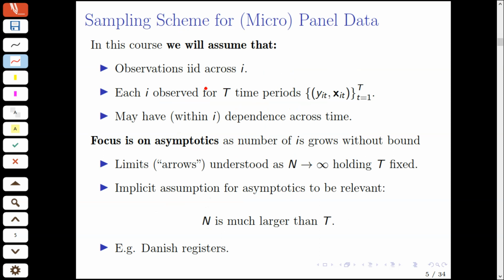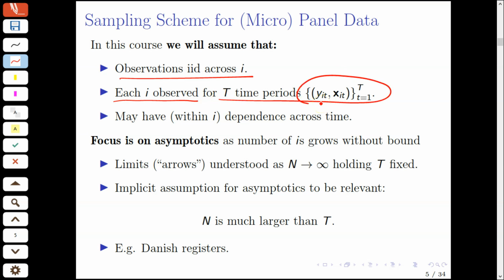Now, having introduced this additional dimension of our data, let me just rehash some of our standing assumptions and try to clear up some possible confusions. In this course, we still assume that observations are independent and identically distributed across individuals. The only addition here is that when we talk about an individual, we are talking about a cross-sectional unit which is observed for T time periods.